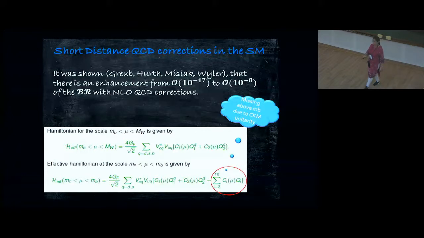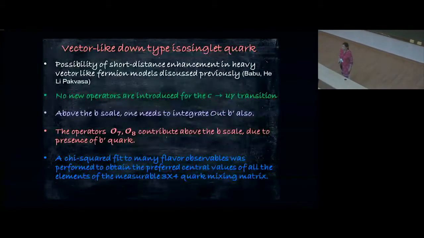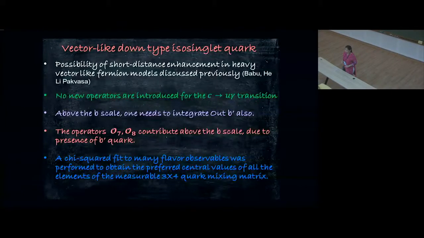That's the stage at which your C7 and C8 can contribute to O7 or O8, and O7 is what I need to enhance my radiative decay. I'm talking about c to u gamma, the inclusive c to u gamma.